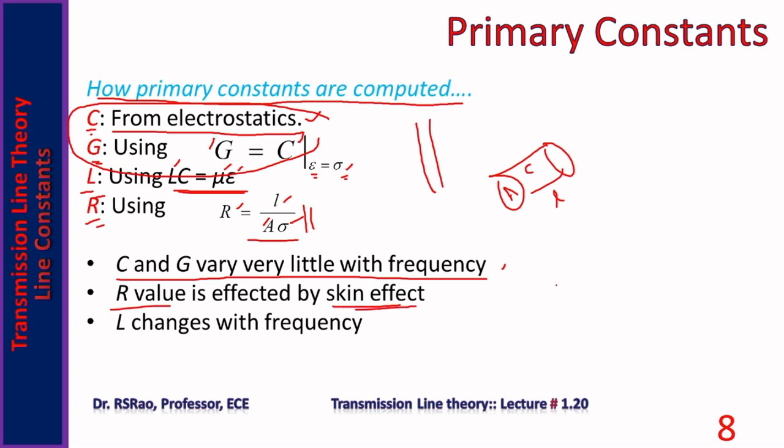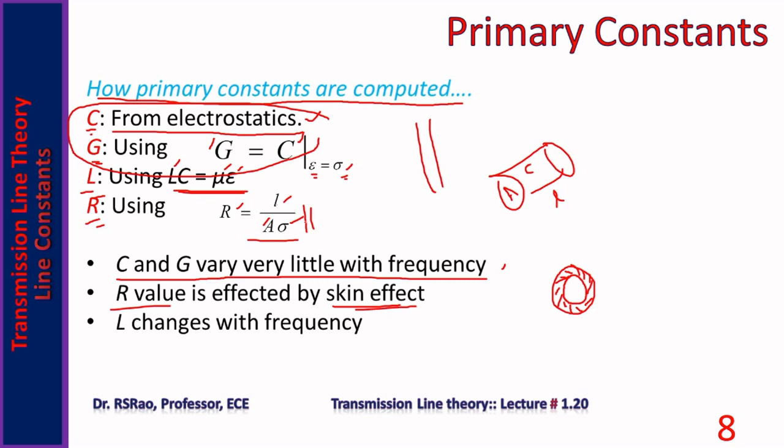What is skin effect? See, what is current? Current is flow of charge. This flow gets concentrated more and more towards the periphery of the conductor as the frequency of the current increases. As the flow is concentrated at the periphery, the cross-sectional area in which the current is concentrated keeps on decreasing.